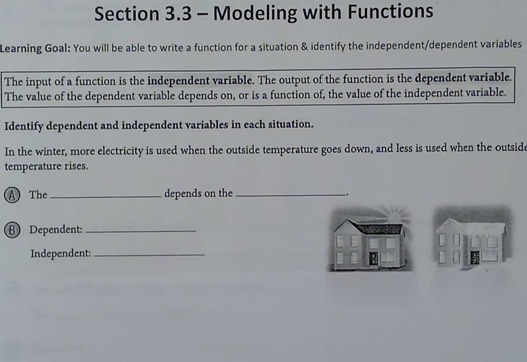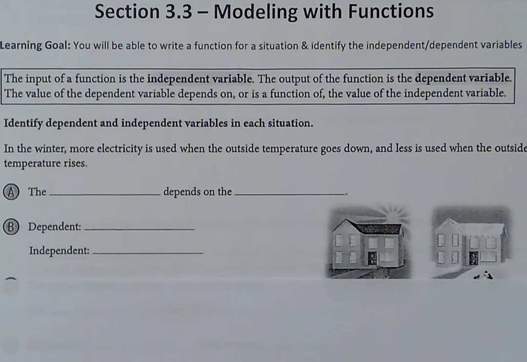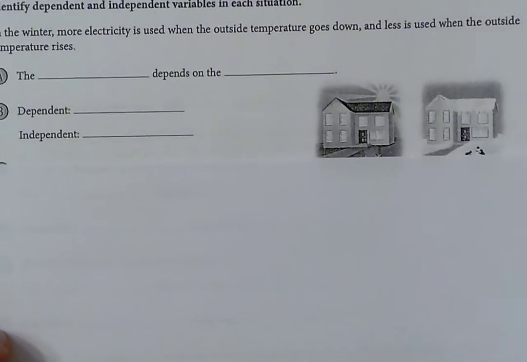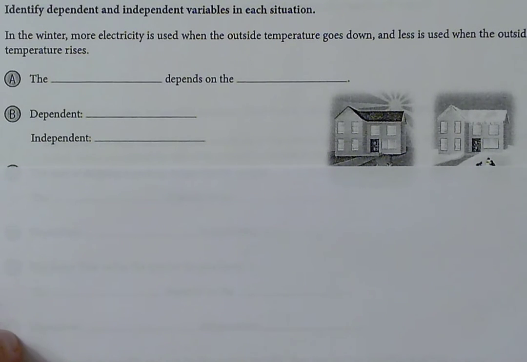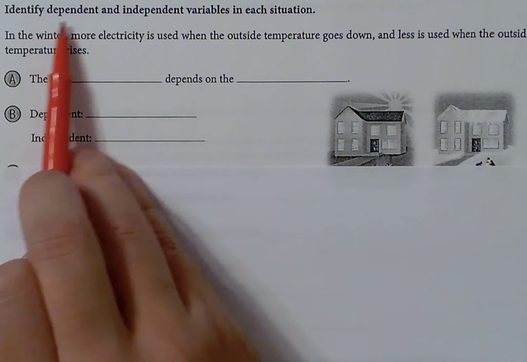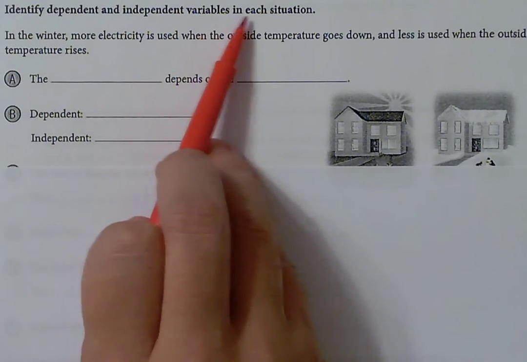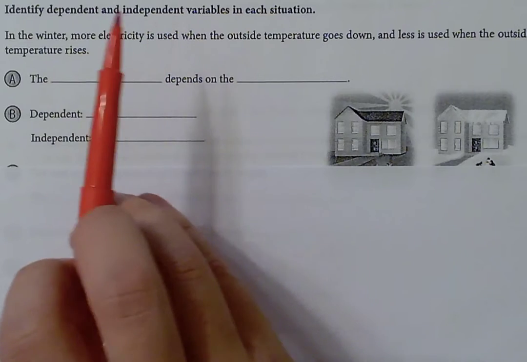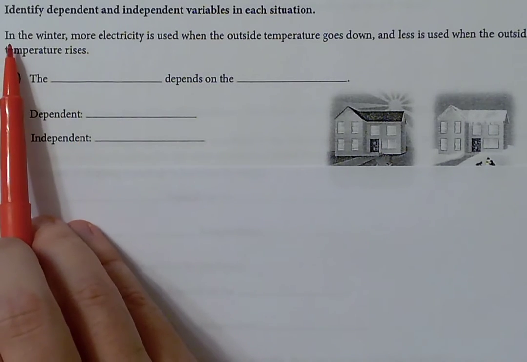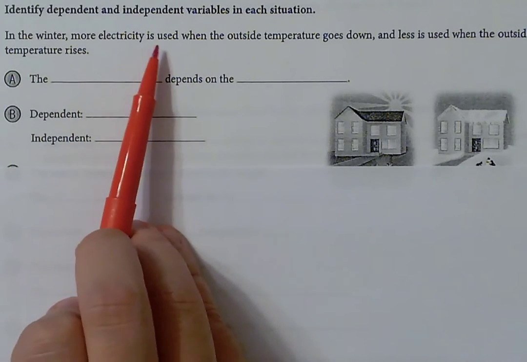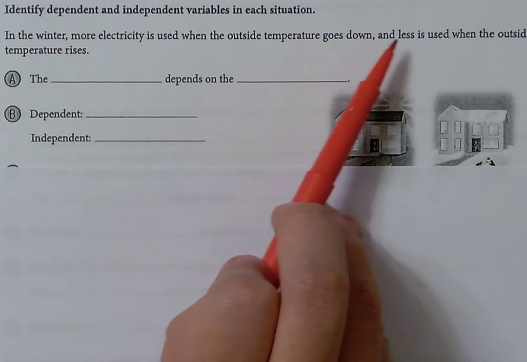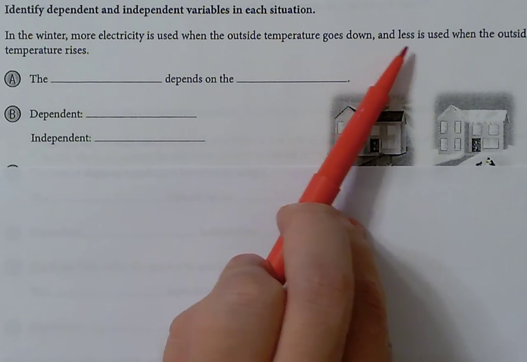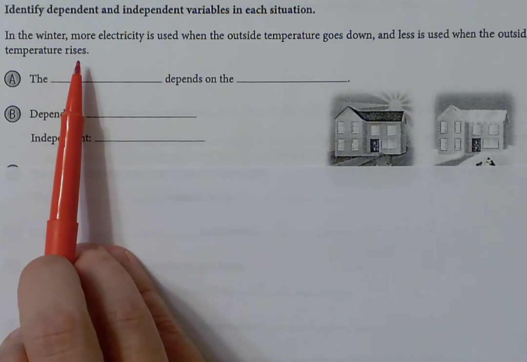All right, so let's go ahead and move this up. This is kind of a pre-example. We need to identify dependent and independent variables in each situation. Our situation is: in the winter, more electricity is used when the outside temperature goes down, and less electricity is used when the outside temperature rises.